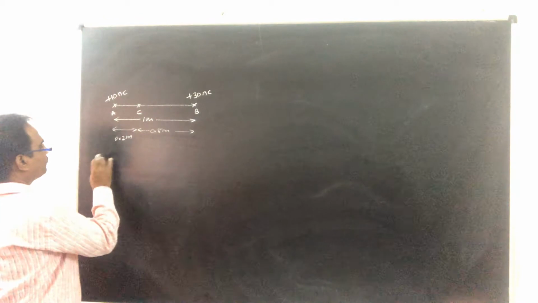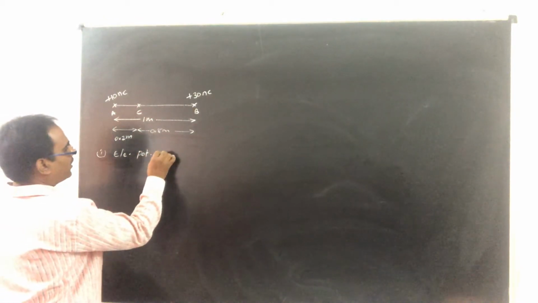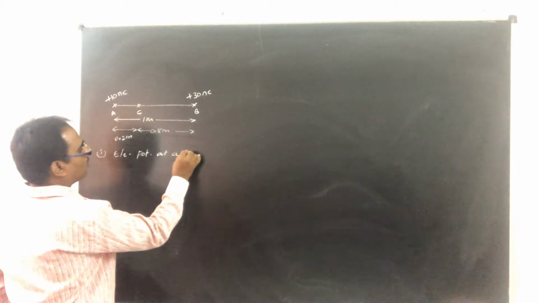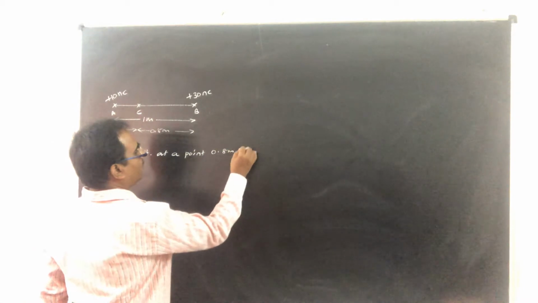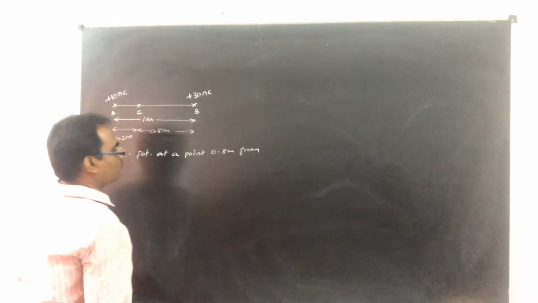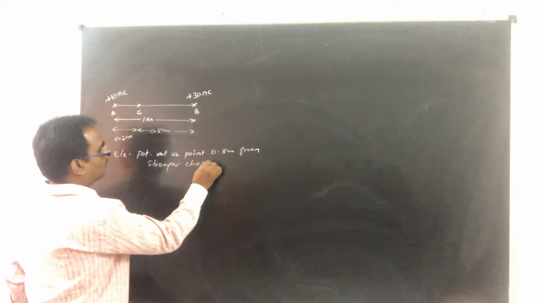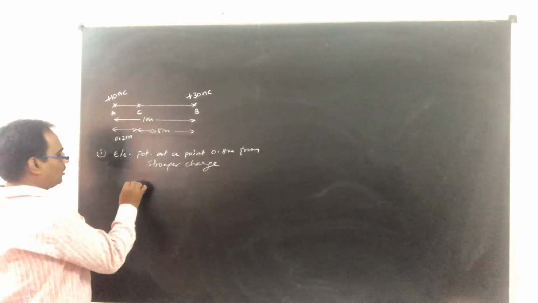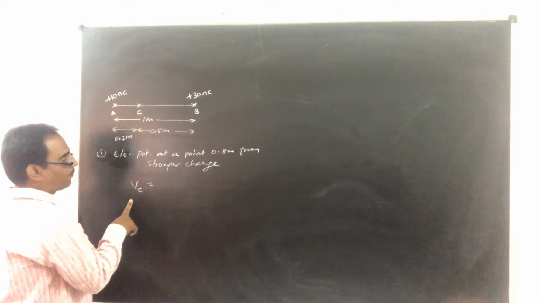So, the electric potential at a point 0.8 meter from the stronger charge, Vc, this is what you are asked to find.